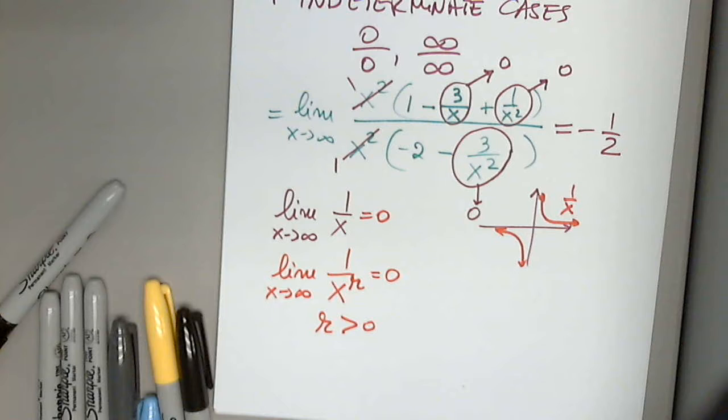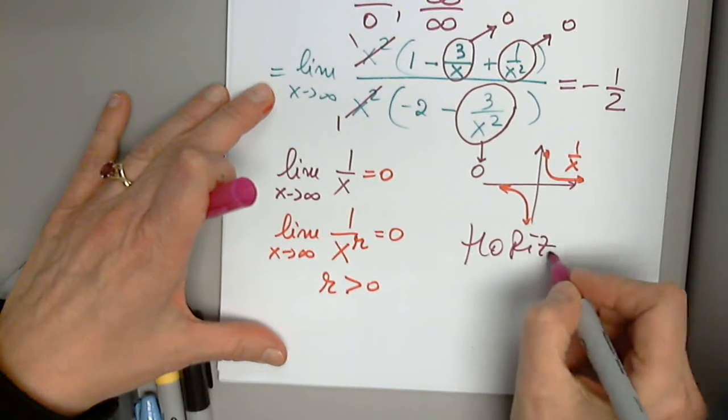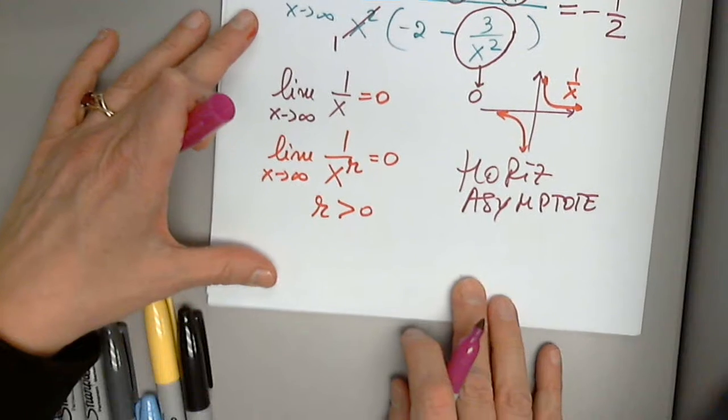What does this mean about a function? As x approaches infinity, the function values approach negative 1/2. What does this mean? Excellent, Chris. Thank you. So horizontal asymptote. How do I write it?